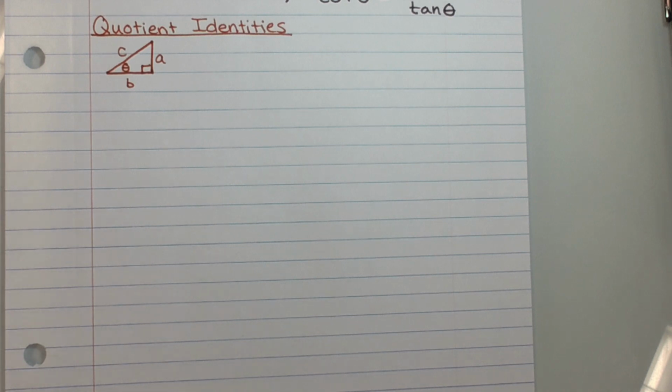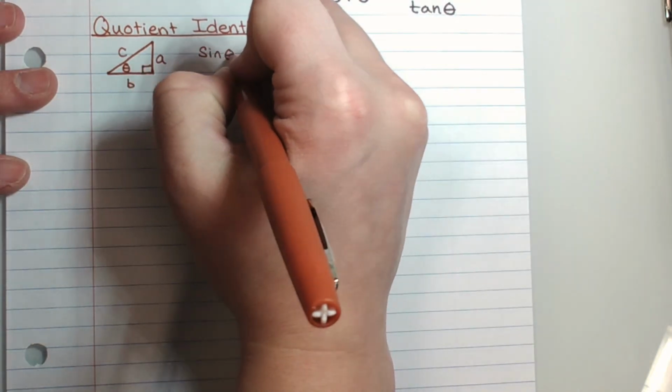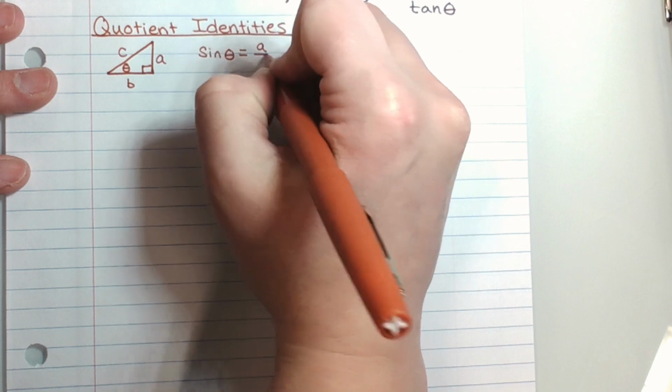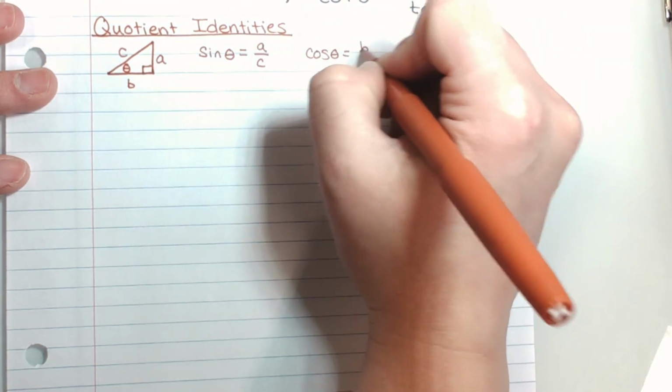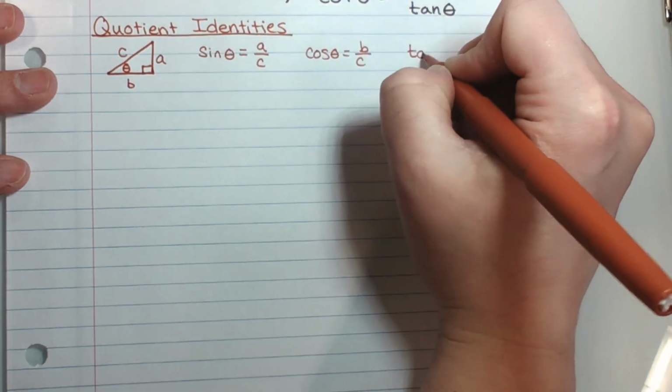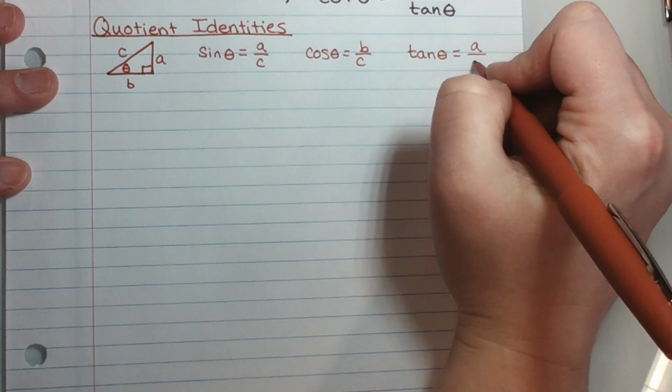So if I have a right triangle in which I'm referencing an angle theta and side lengths of said triangle are A, B, and C, where A is the opposite, B is the adjacent, and C is the hypotenuse, then we should know that sine of theta is A over C, and cosine of theta is B over C, and tangent of theta is A over B.